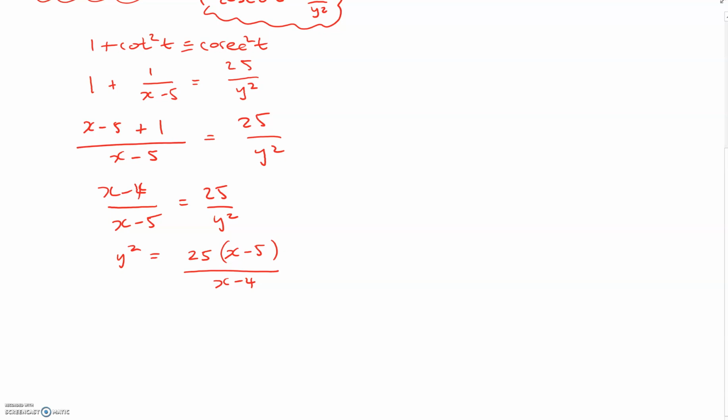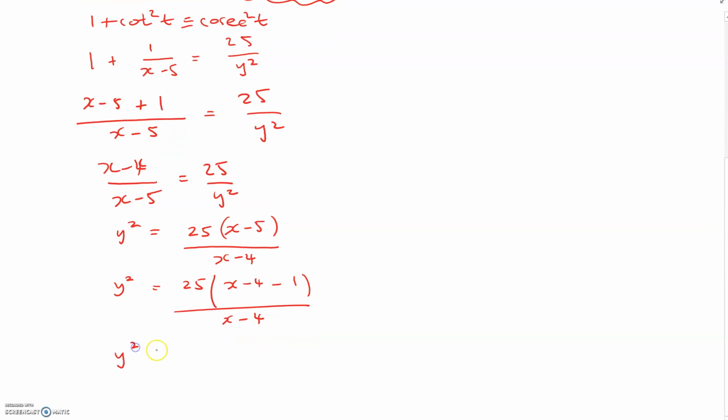Just out of curiosity, in the answers in the book it looks slightly different, so I'll show you how you can get to that. We can change this into x minus 4 minus 1, which is x minus 5 obviously, and then that can finally turn into 1 minus 1 over x minus 4, which is how it's written in the back of the book.